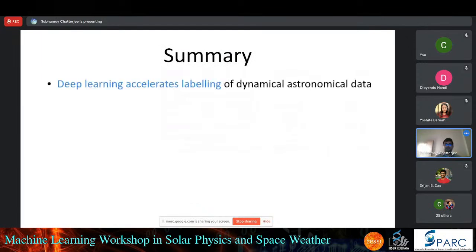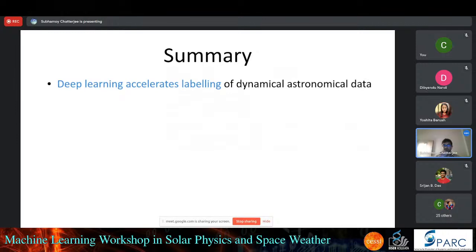So to summarize what we have found: with deep learning, you don't have to get fully, very well labeled data. You can start with crudely labeled data. It doesn't need to be perfect, and you can train a deep learning model to accelerate the labeling process and correct the labels in a much faster way than doing it entirely manually.